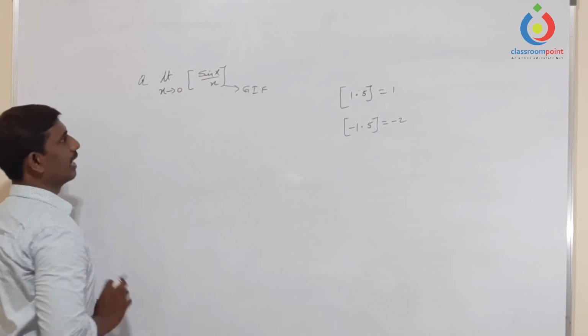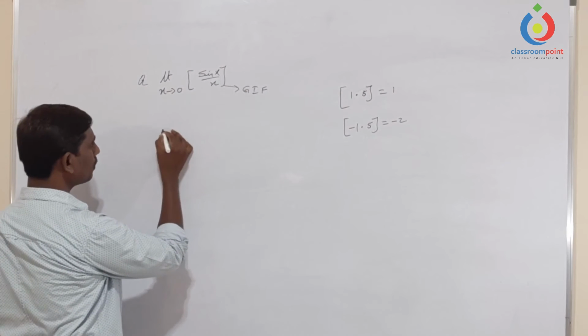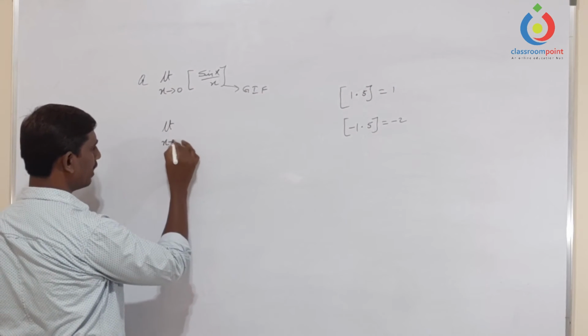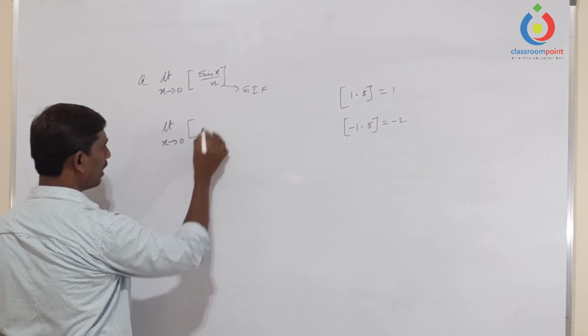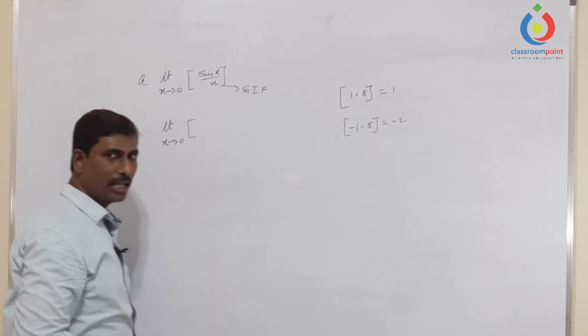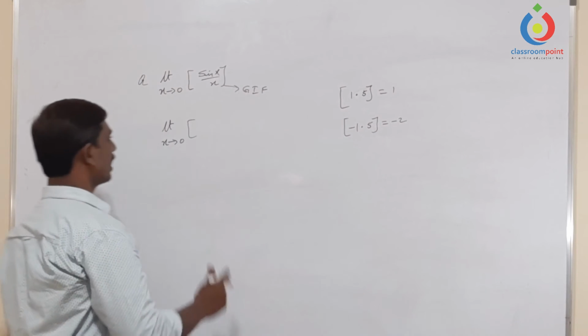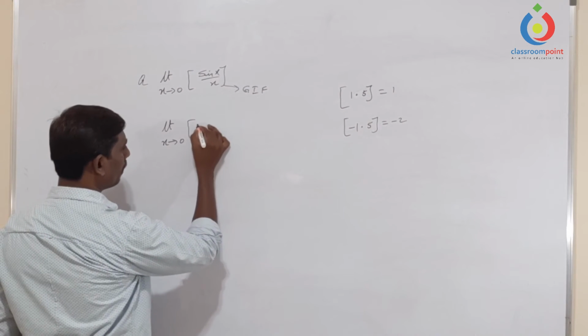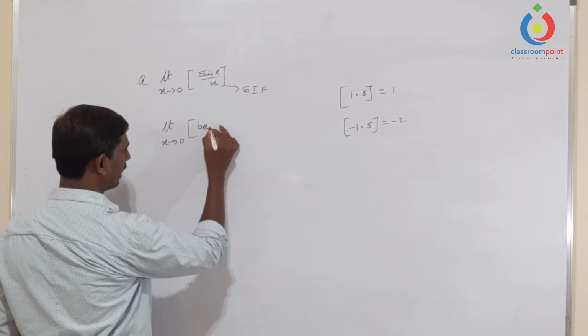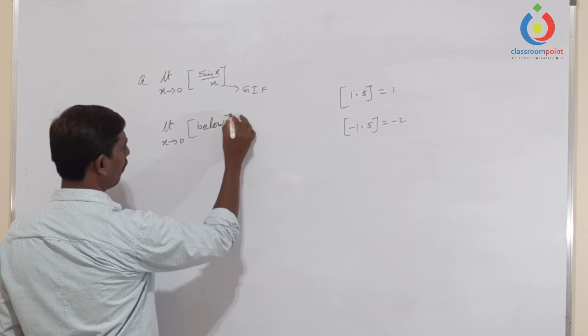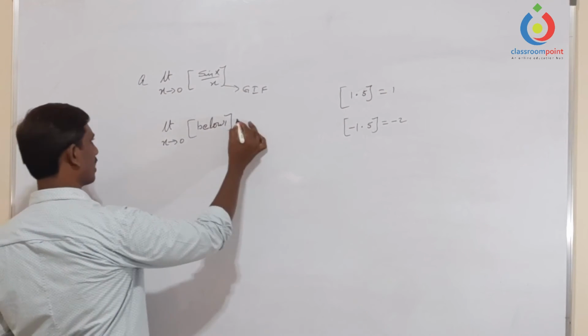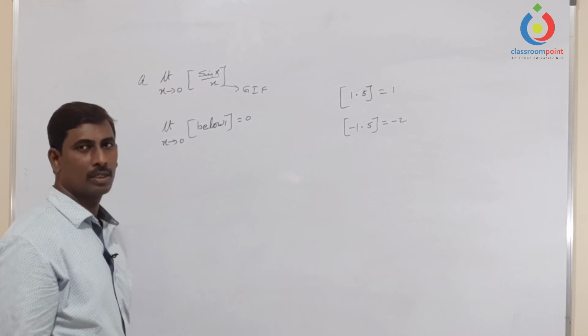Now what to do here? Limit x tends to 0. When we take the integral part, consider that sin x by x is less than 1. That means the integral part of a value below 1. You should write like this. Below 1. The integral part of below 1 means the result is 0. Right?